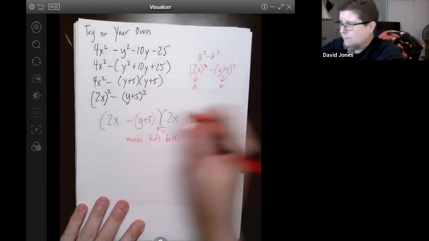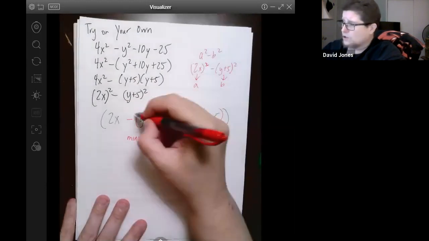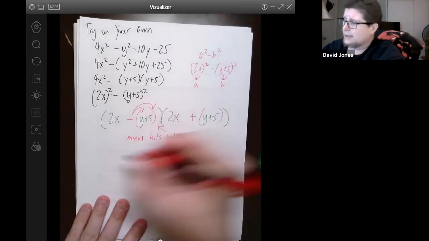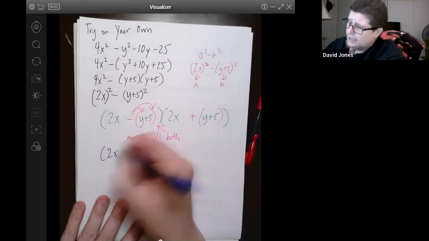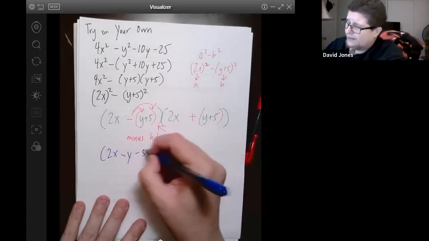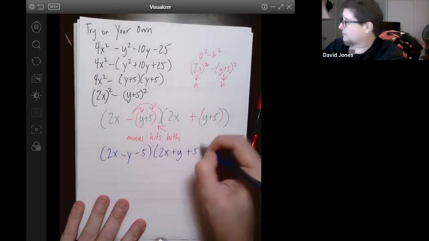So maybe put that y plus 5 in like that. So we distribute the minus sign, and we get 2x minus y minus 5 times 2x plus y plus 5.